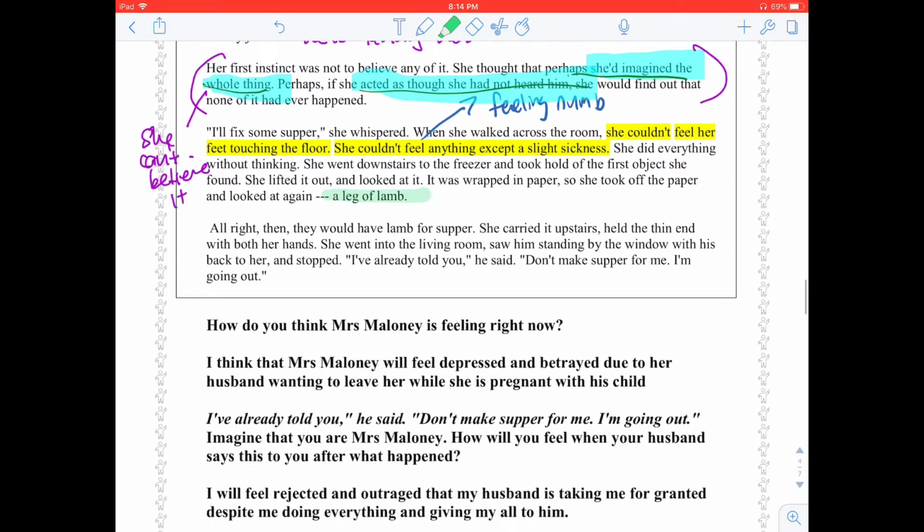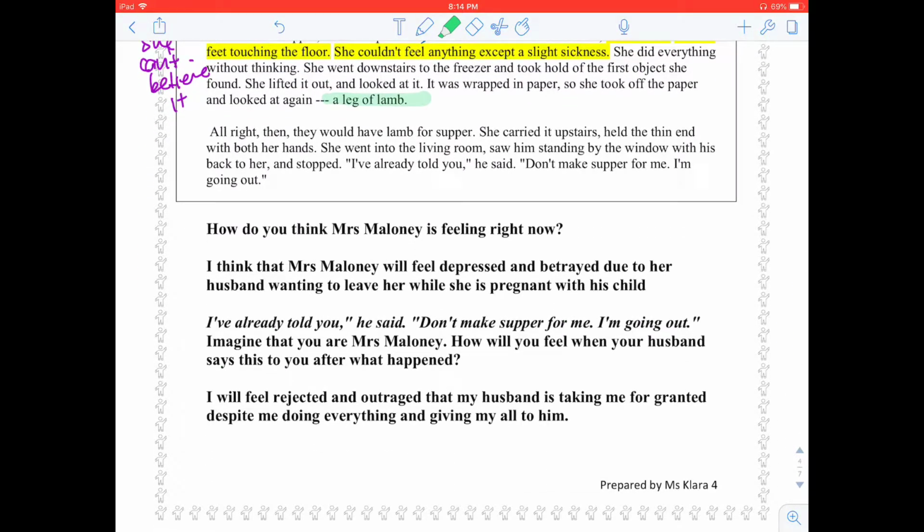Okay, so let's look at this. How do you think Mrs. Maloney is feeling right now? Possible answers would be, I think that Mrs. Maloney will feel depressed and betrayed due to her husband wanting to leave her while she's pregnant with his child. Obviously, she will feel a bit angry as well because she's heavily pregnant, but her husband wants to leave her. So look at this. "I've told you, don't make supper for me, I'm going out."